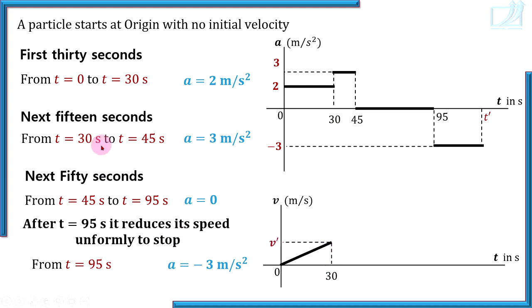Okay. Now from t equal to 30 to t equal to 45, again acceleration is constant, means the slope of VT diagram is constant, or VT diagram is an inclined straight line. But the important thing is whether you have understood that acceleration is slope of VT diagram, and can you use that information to draw the VT diagram. Now listen here, acceleration is 3 meters per second square, and in first time interval it is 2 meters per second square.